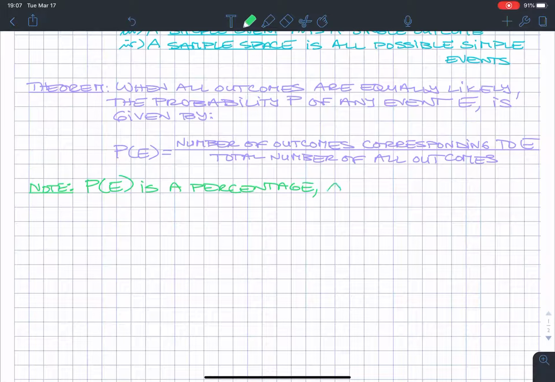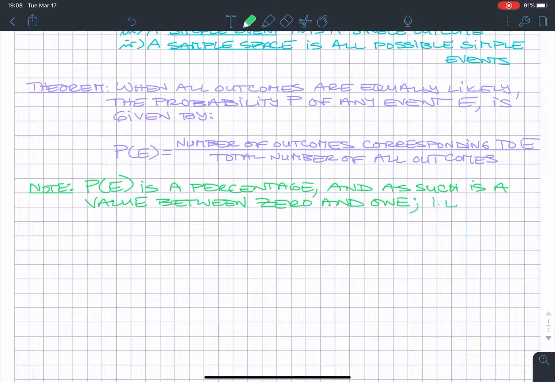And as such is a value between 0 and 1. That is, i.e., 0% and 100%, respectively.